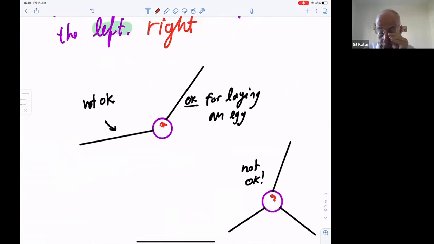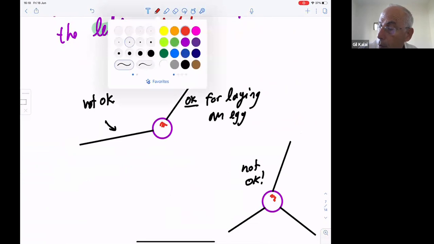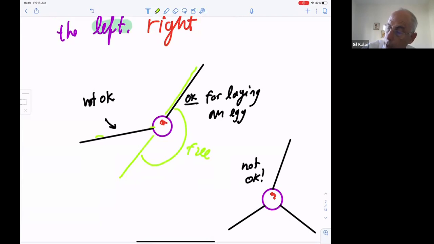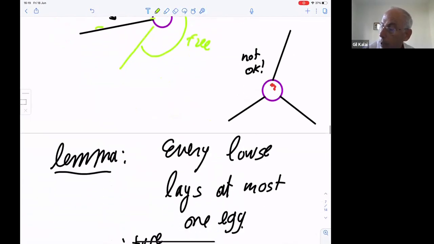Although the louse examines all the edges coming from this vertex, you see that if it's okay to lay an egg on this edge, this means that all this area is free. And then if there is another edge, it should be in this area, but then like in this picture, it will not be okay to lay an egg on this additional edge. So every louse can lay at most 1 egg, and in some cases, not even 1.